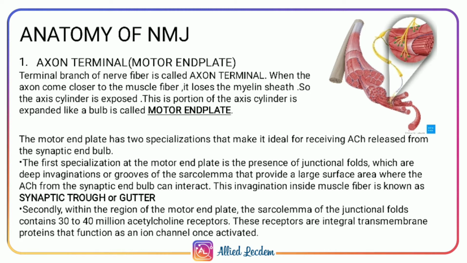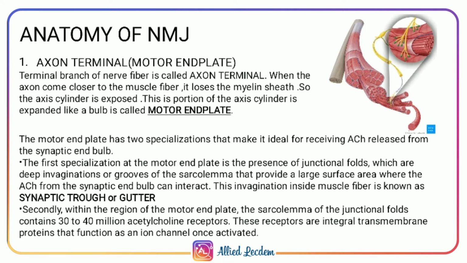So it has a groove-like structure in the presynaptic membrane, that is, the motor end plate is also known as presynaptic membrane. This invagination inside the muscle fiber is known as synaptic trough or gutter.